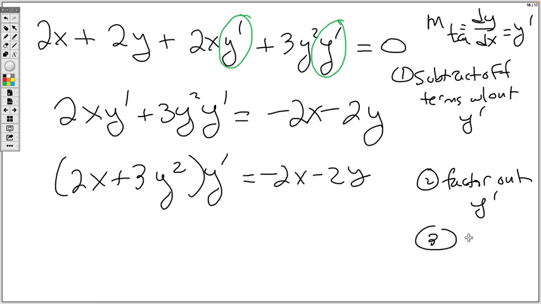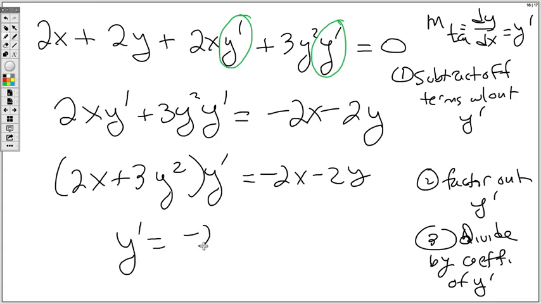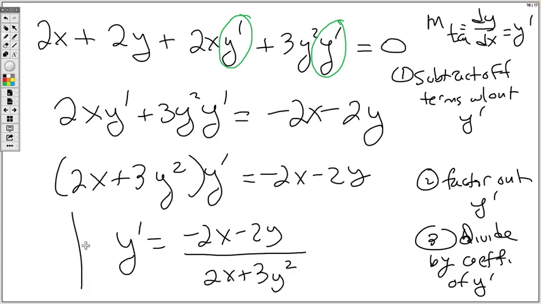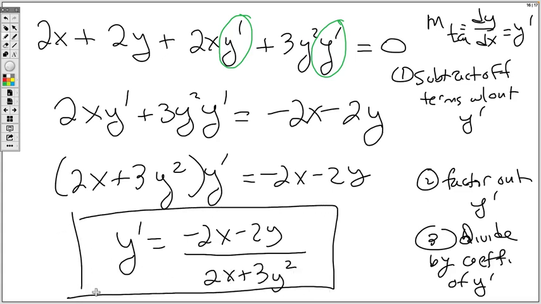And then we'll be able to divide by the coefficient of the y prime. So this is how your implicit differentiation is going to work every single time.